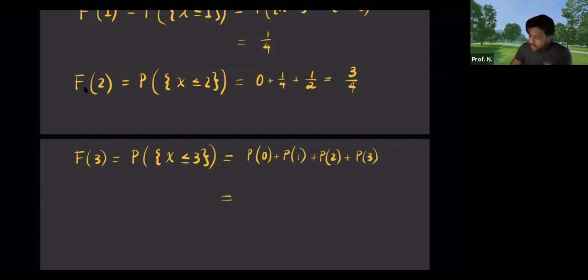I already know the first part: this is the cumulative function for 2, which is 3/4. And the probability of 3 is 1/8. So when you add these up, what do you get? 7/8.